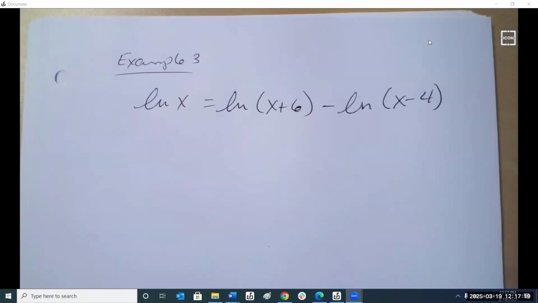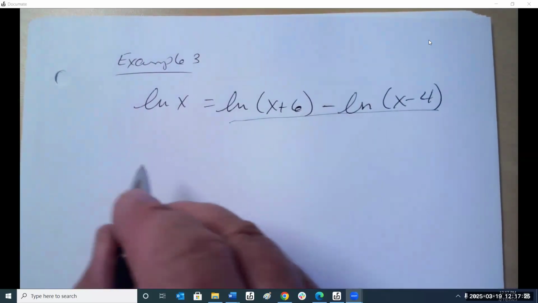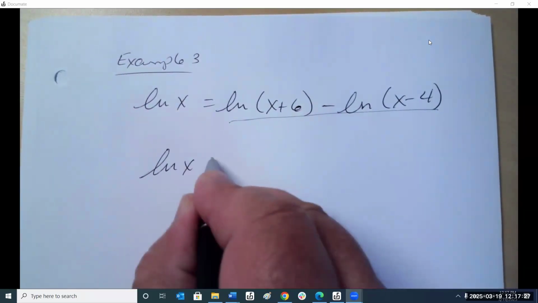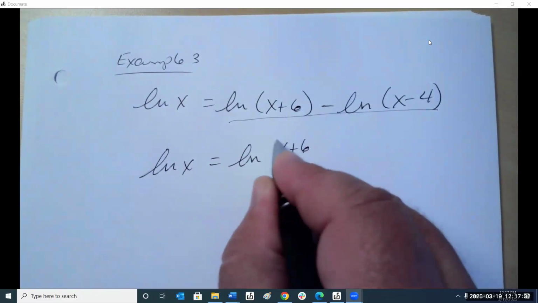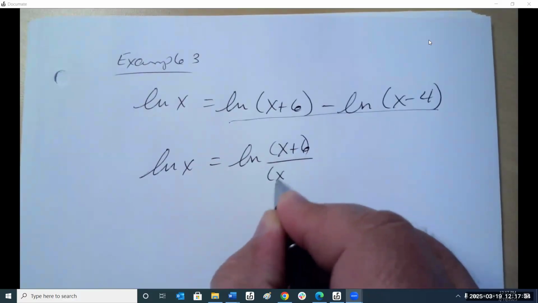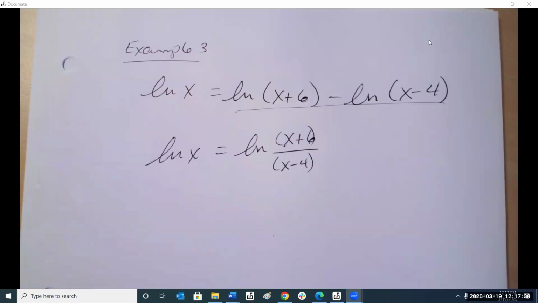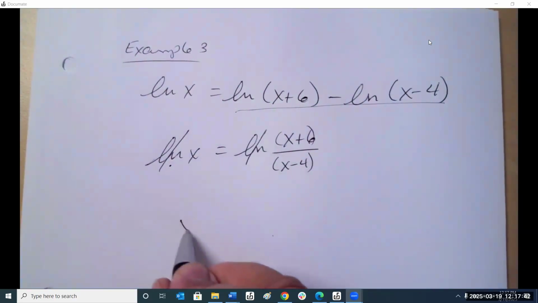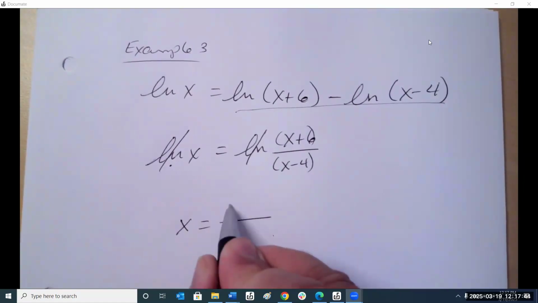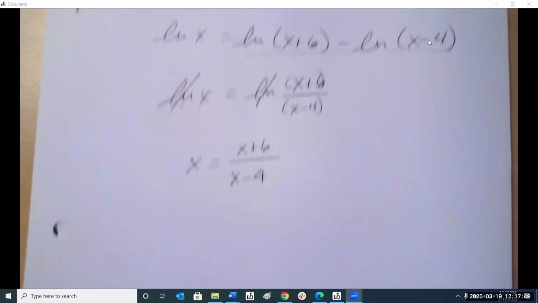What's the first step? We can do this side. It makes it a fraction, so we have ln of x plus 6 over x minus 4. Since we have ln's on both sides, x equals x plus 6 over x minus 4.